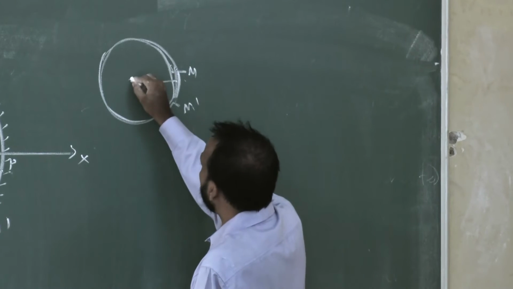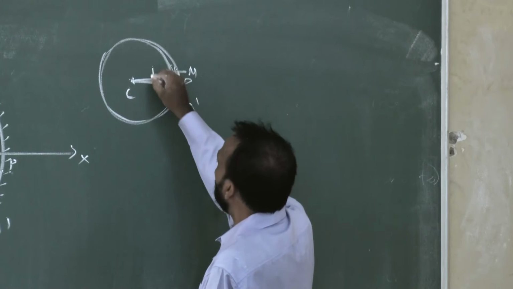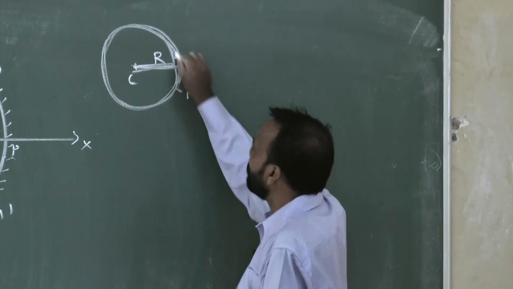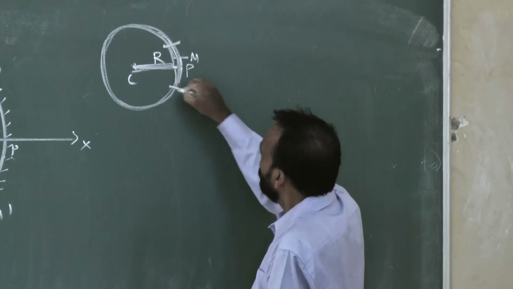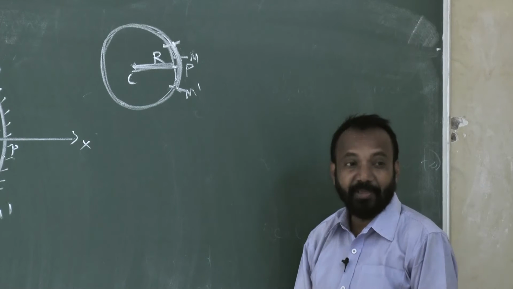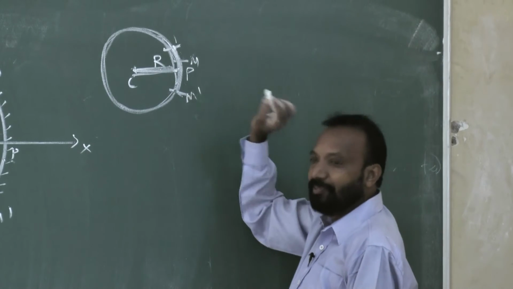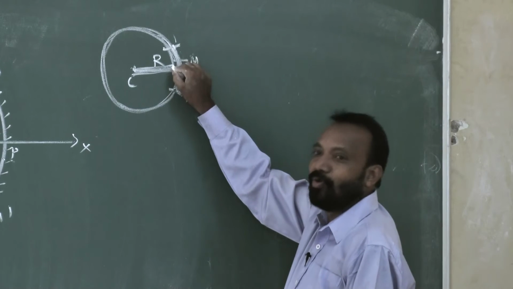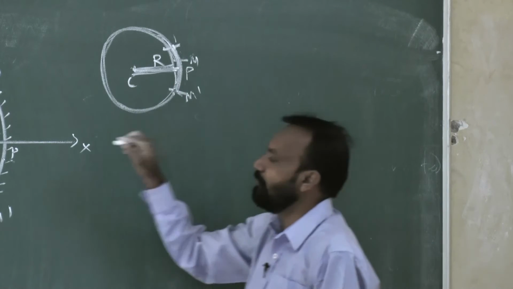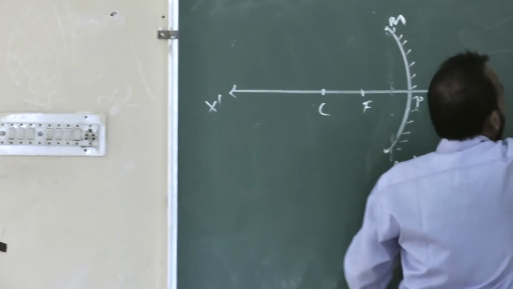This is the center of curvature, and this is your point P. So CP is R, the radius of curvature. If CP is the radius of the spherical surface, then CP is also the radius of this smallest part. Yes, sir. That's why R is the radius of curvature. You understood the term? Yes, sir.